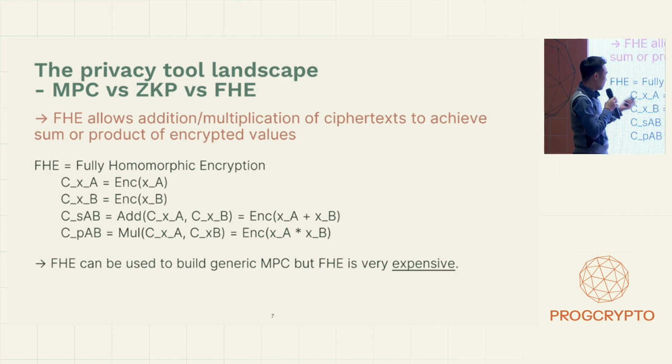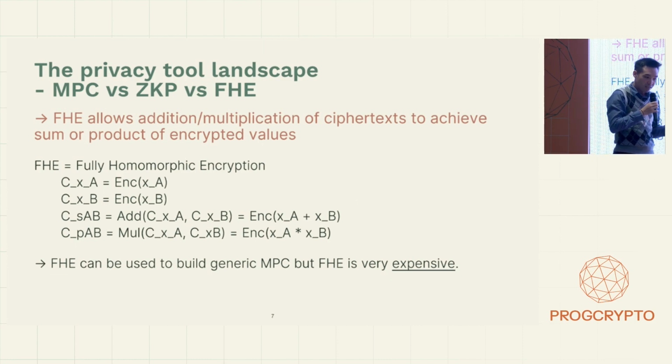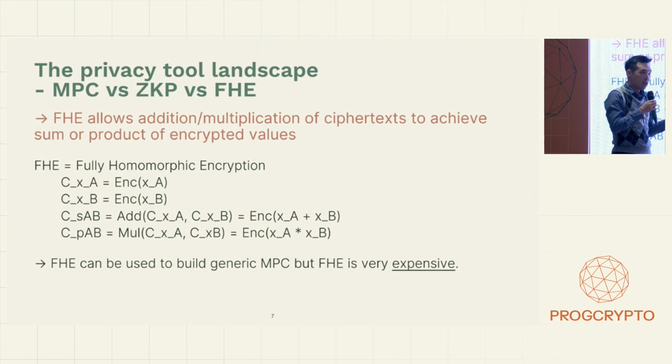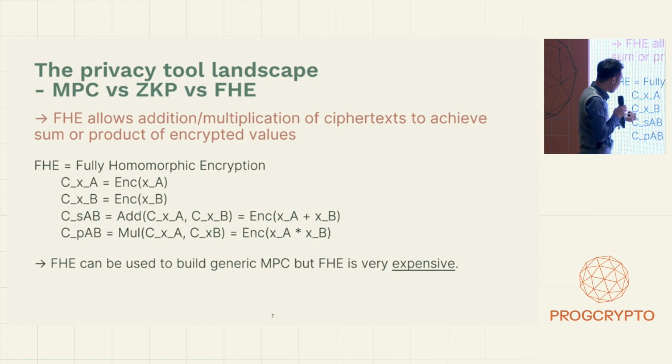You have a ciphertext CXA that is the encrypted form of XA, and CXB, the ciphertext of XB. You can compute using the add algorithm on CXA and CXB, and it will be equivalent to the encrypted form of XA plus XB. And the same for multiplication, you have the product of XA times XB.